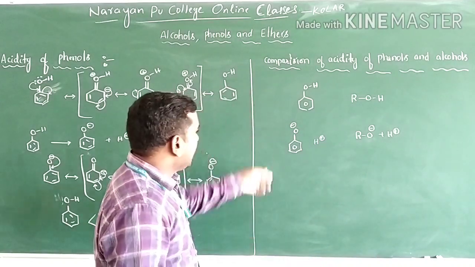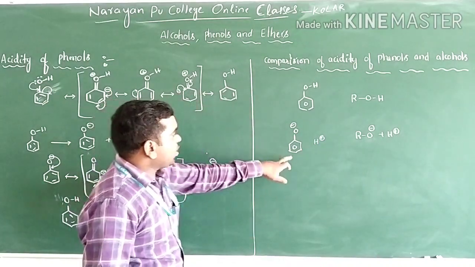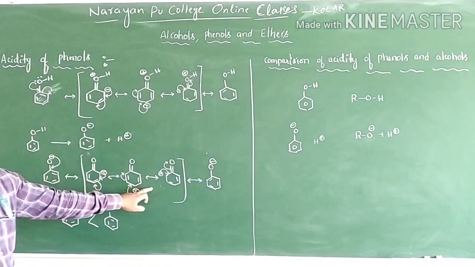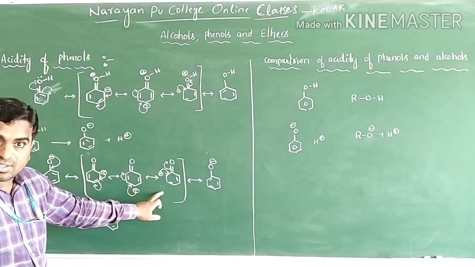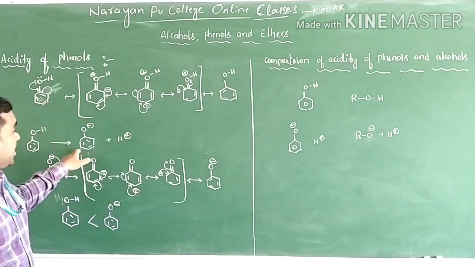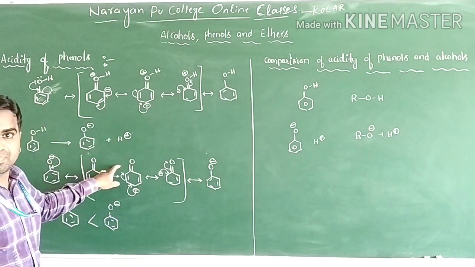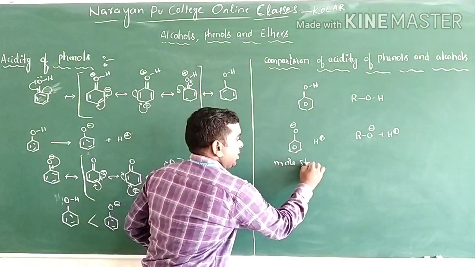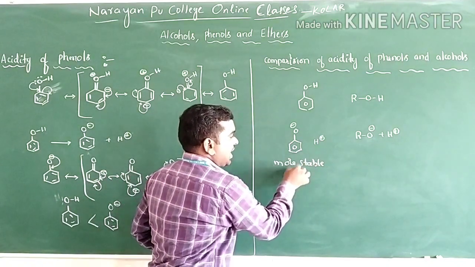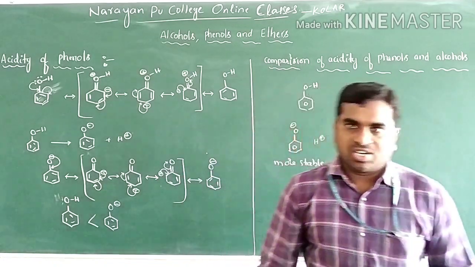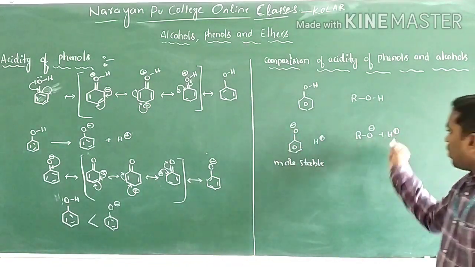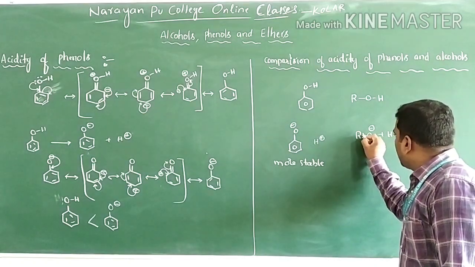Now you see, in this case, the phenoxide ion, just now I mentioned, is involved in the resonance. When it is involved in the resonance, it gets more stability. Clear? But now you see, it is an alkyl group.